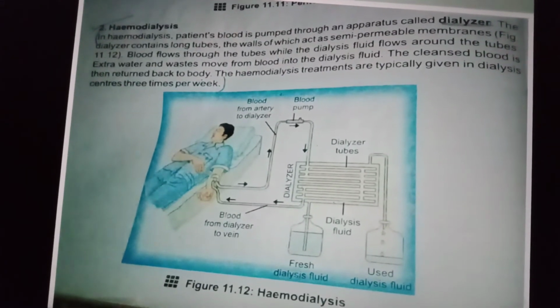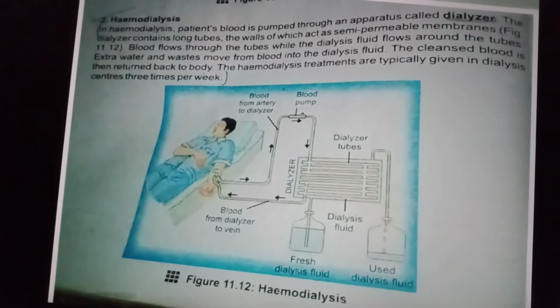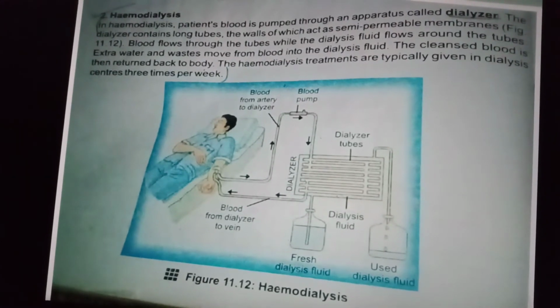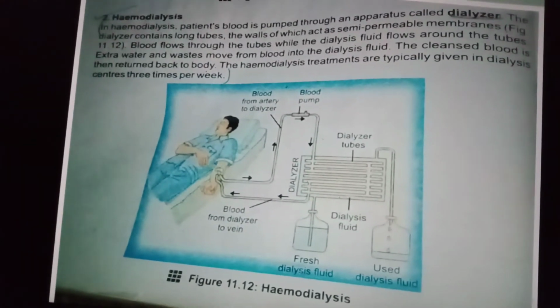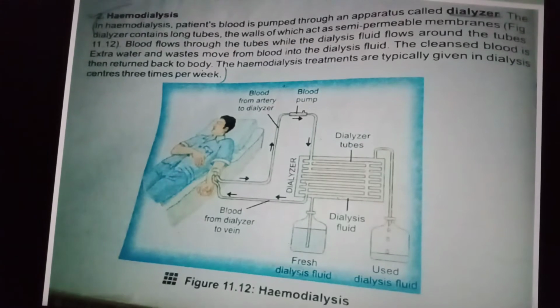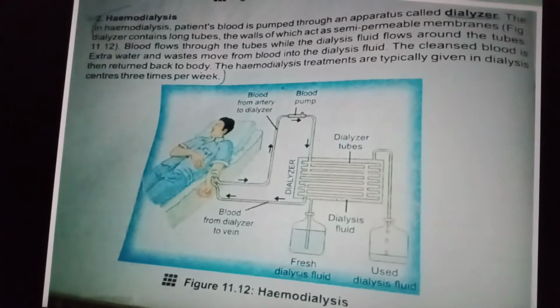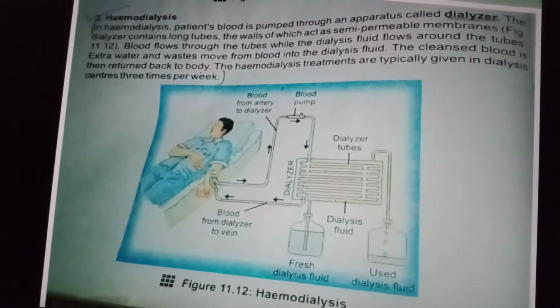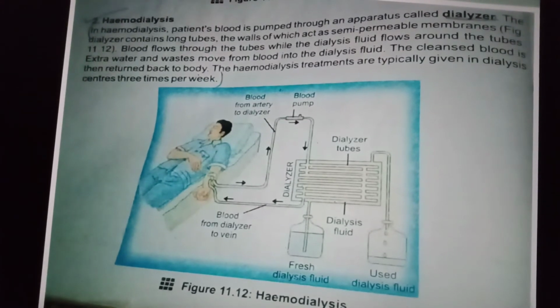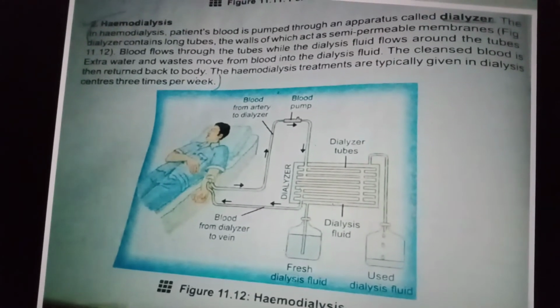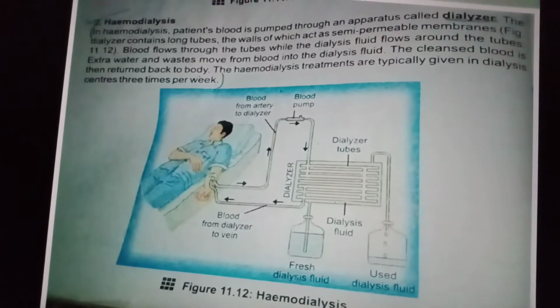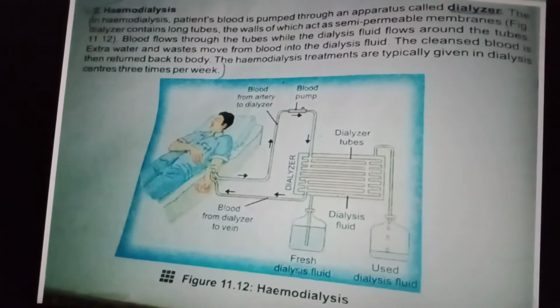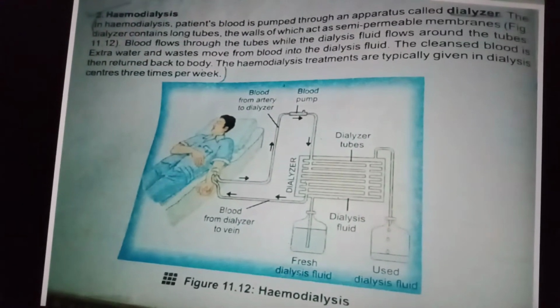Blood flows through the tubes while the dialysis fluid flows around the tubes. Extra water and waste move from the blood into the dialysis fluid. The cleansed blood is then returned back to the body. Hemodialysis treatments are typically given in dialysis centers 3 times per week.